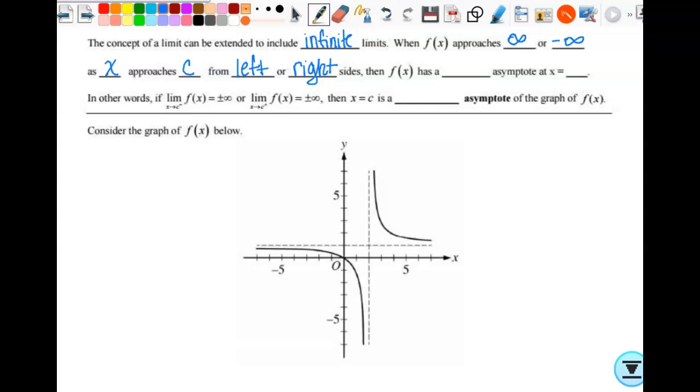Oh, shoot. See, this is why I should have looked at my paper. That is true, but let's just say this: from one or both sides. That's why the wording didn't make sense. Okay?